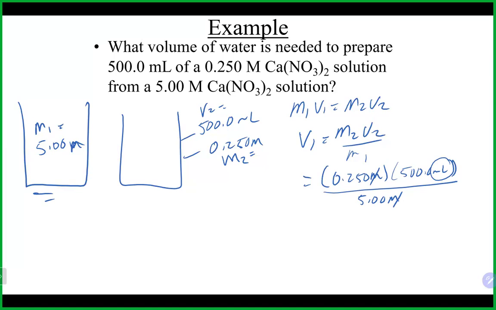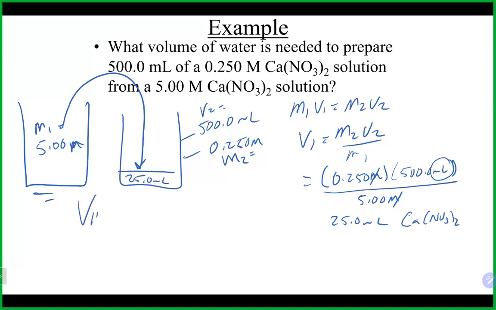So 0.25 times 500 divided by 5 gets me 25 milliliters. Once again, though, that is actually not the answer to this question. 25 milliliters is actually the amount of calcium nitrate that you need to take out from the more concentrated solution to transfer over. We do want to know how much water we need.